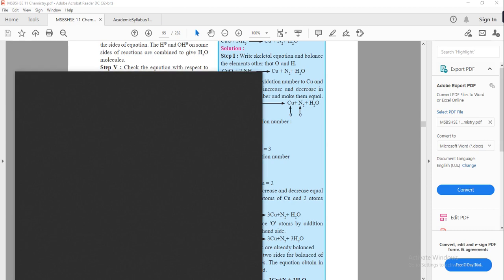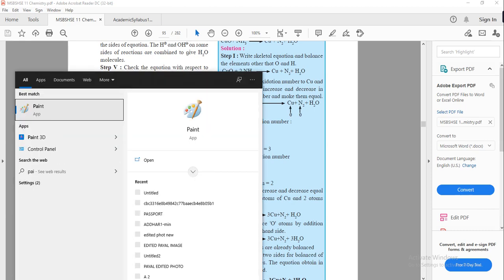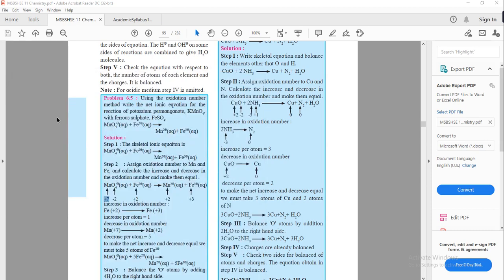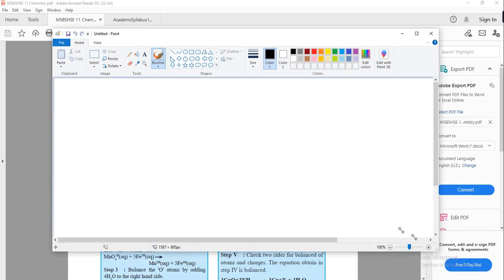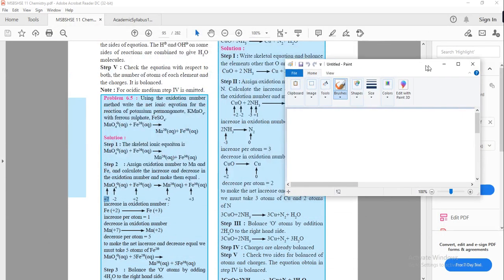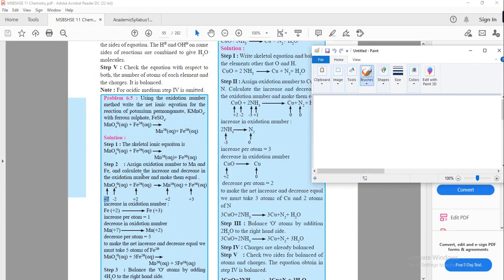Let me show you how to calculate the oxidation number for MnO4 minus. The charge is minus 1, the total charge.